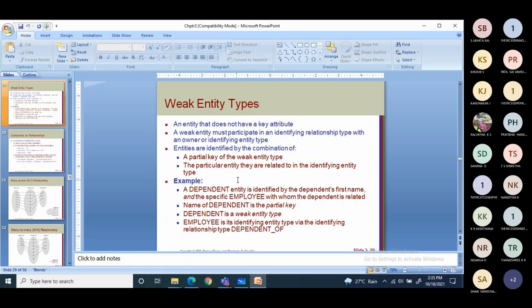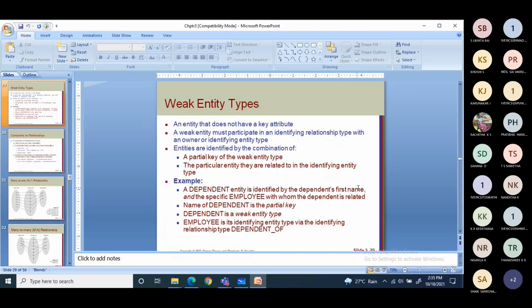So here is an example. Dependent is identified by dependent's first name, but we cannot say that is unique. Maybe names are repeated. In any table, if names might be repeated, then we cannot say that it is a key attribute; it might be a partial key attribute.